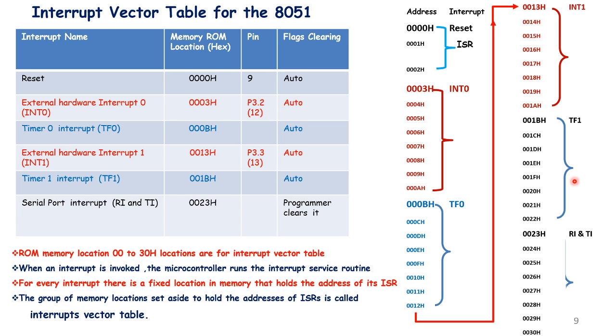Again, the serial interrupt RI and TI has the addresses 0023H to 0030H, which is the interrupt service routine for the serial interrupt. So this table is the interrupt vector table, and these are the addresses of these interrupts. The microcontroller always attends an interrupt by executing its ISR, the interrupt service routine.